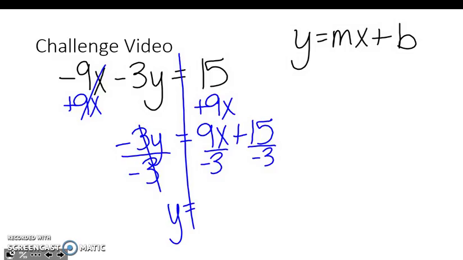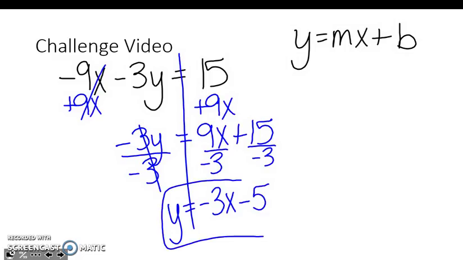So I have 9 over negative 3. I'm going to see if that will simplify. And it does. It simplifies to negative 3x. And then 15 divided by negative 3 is a negative 5. So that's what you should have gotten.